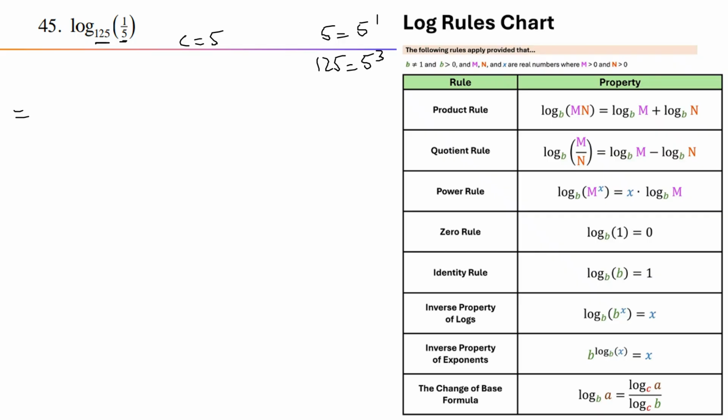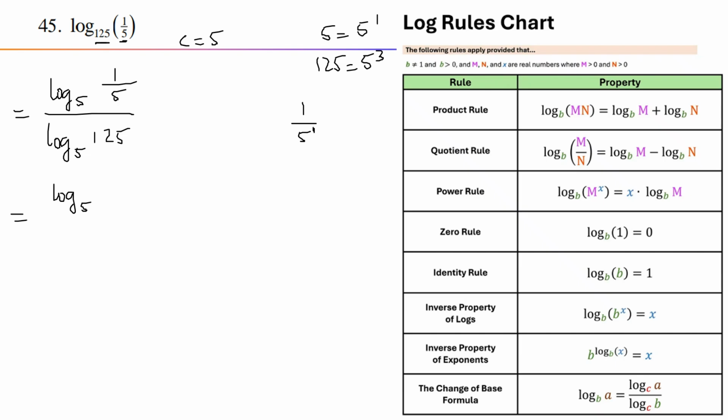So we use log base 5 of 125 here, and 1 over 5 here. Now rewrite one more time, log base 5 of 1 over 5.